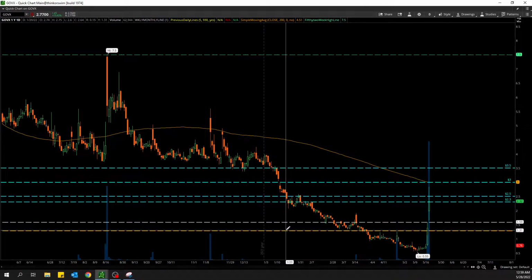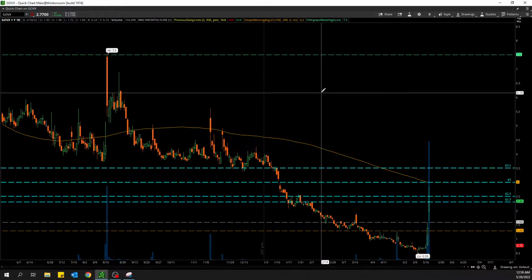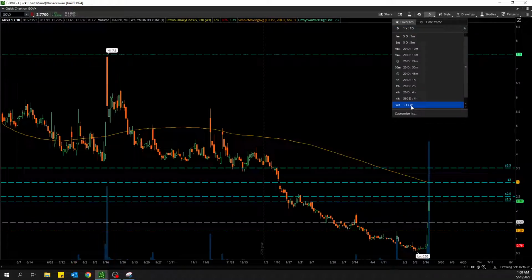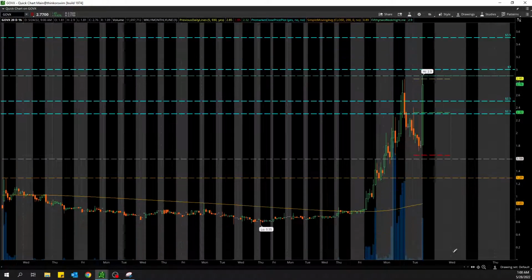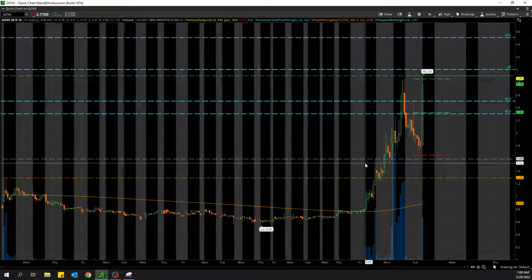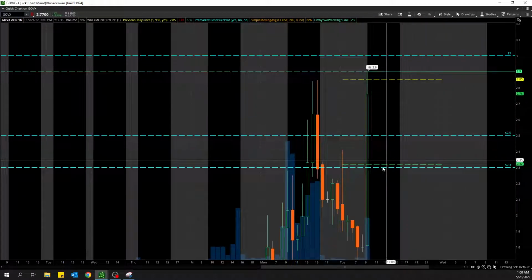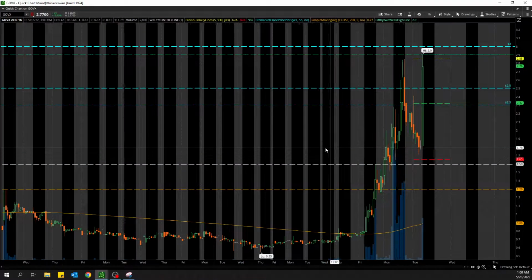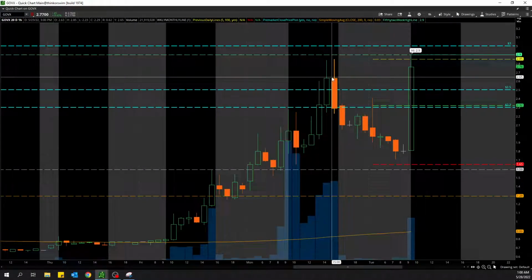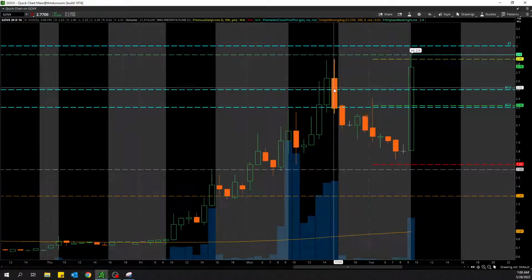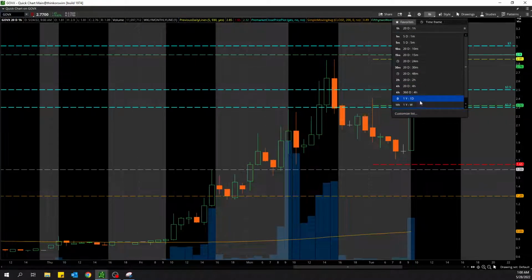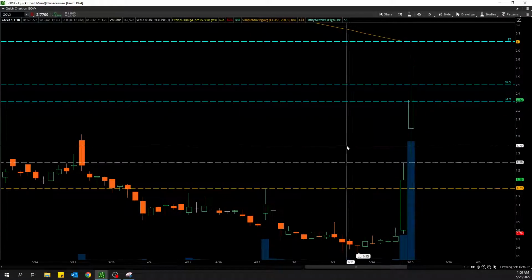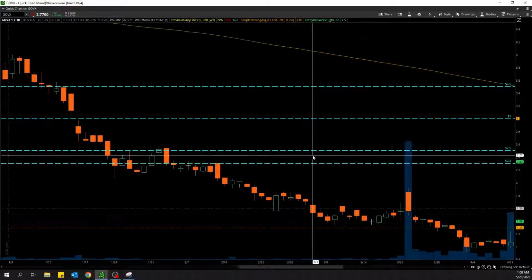Now that I've got my areas drawn out, the next step is to pay attention to the price action that's happened in time. Looking at this, first thing in the morning you had a big move up. This is probably why it was on the radar, because of this major trend up. Now you notice right around this 260 area, this is what we talked about before on the daily.